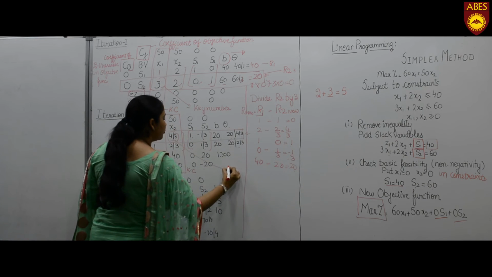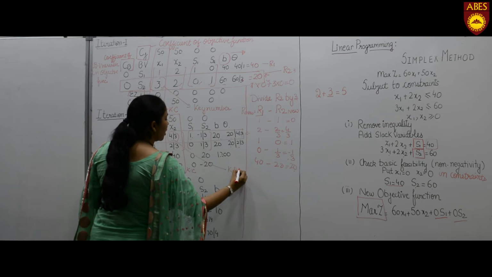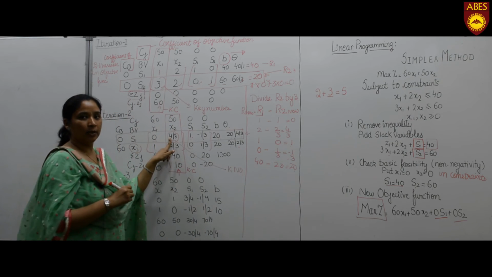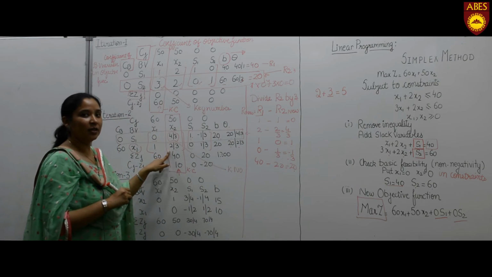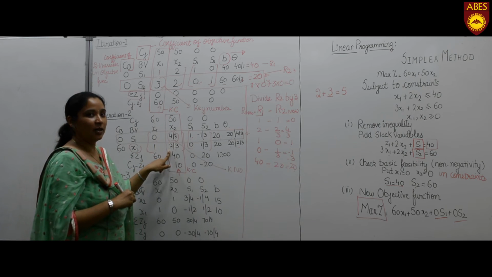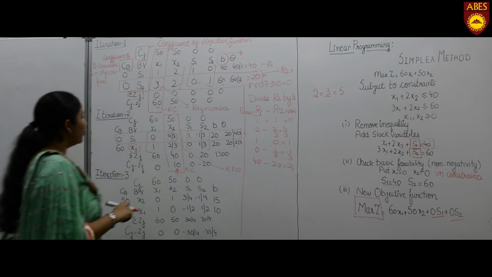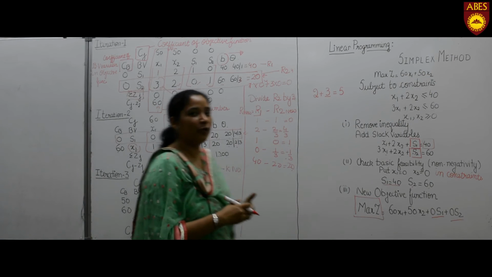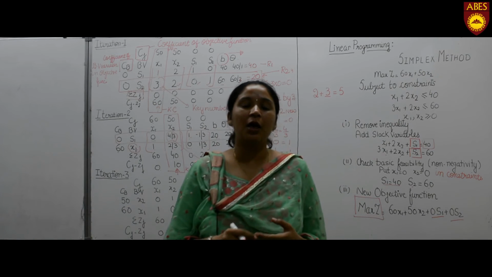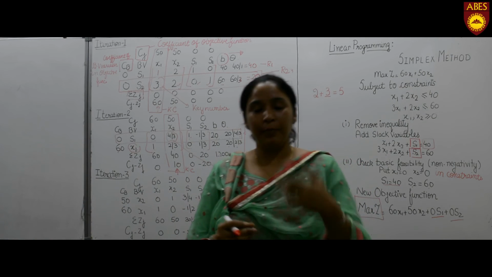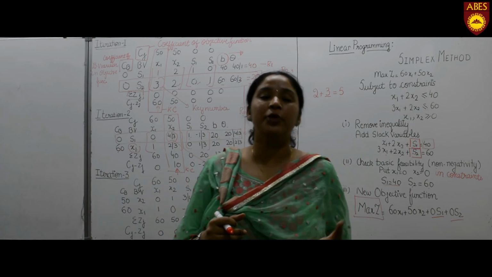So the same process will be followed. We have to make it 1, and below this it will be 0. So we have to do the row operations for converting our key number into 1 and the numbers below and above the key number to 0.